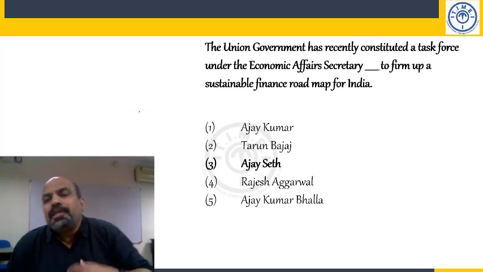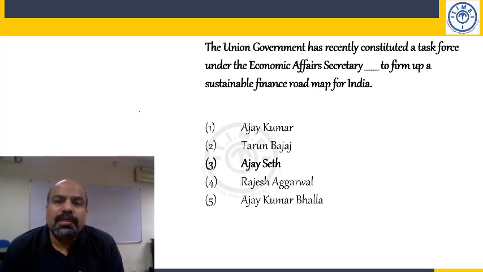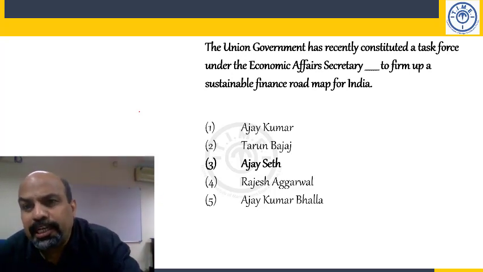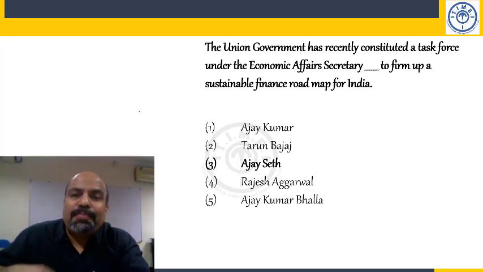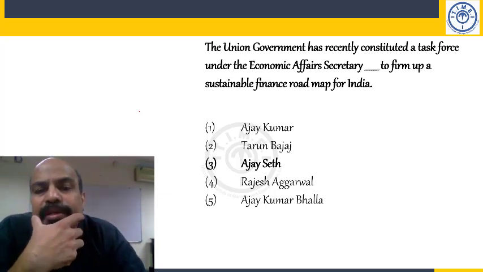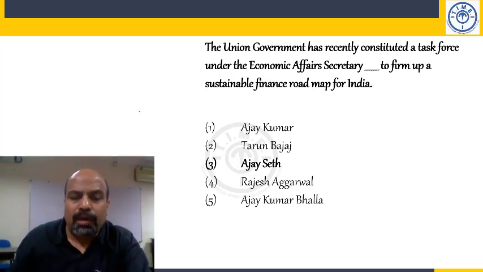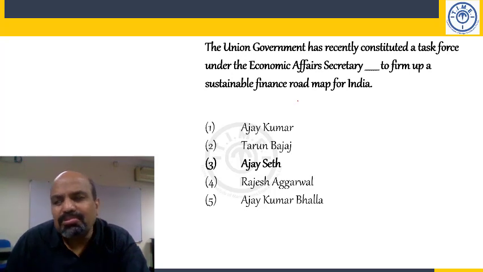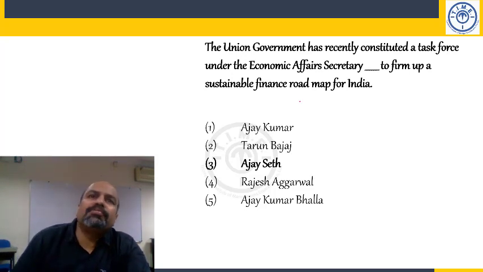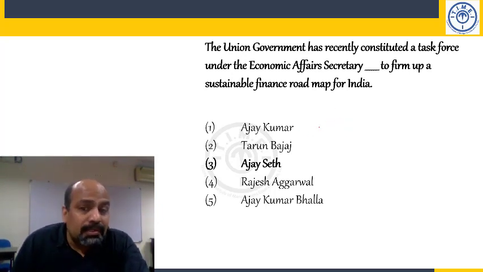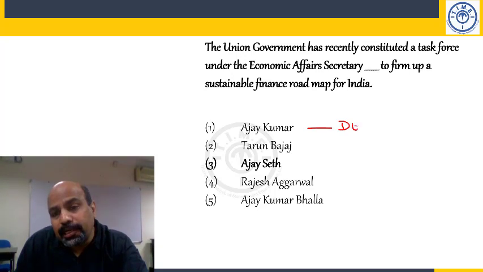The Union government has recently constituted a task force under the Economic Affairs Secretary to firm up, what's his name? Ajay Seth, to firm up a sustainable finance roadmap for India. Ajay Seth is the answer, okay. And Ajay Kumar. See, these guys, the names keep changing because these are all IAS officers, and depending on the tenure they have, they would be around. But as of now, he is the Defense Secretary of India.